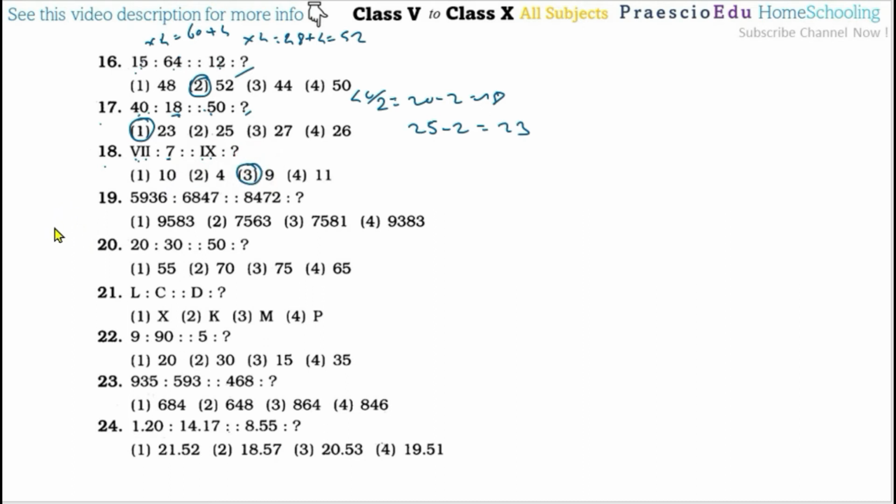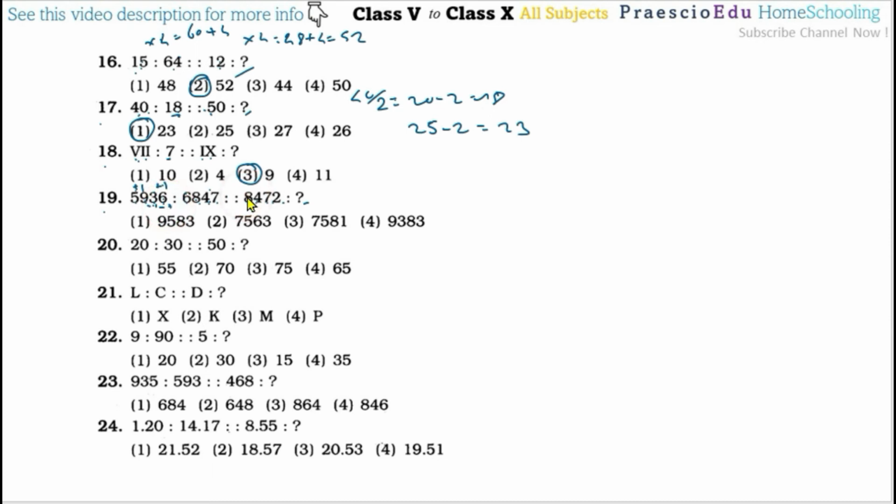Then question number 19: 5,936, then 6,847, then 8,472, then question mark. So here we have to do 5 to 6 is plus 1, then 9 to 8 is minus 1, then 3 to 4 is plus 1, then 6 to 7 is minus 1, meaning plus 1, minus 1, plus 1, minus 1.